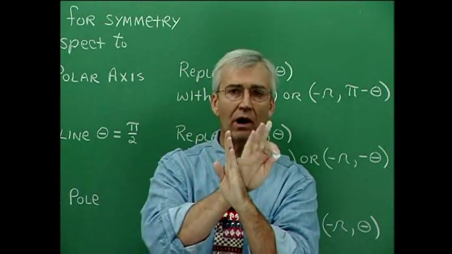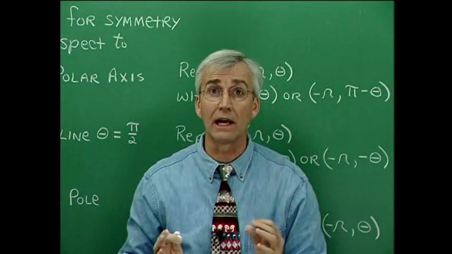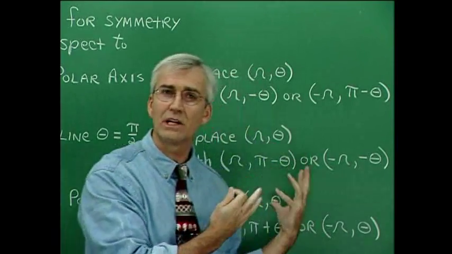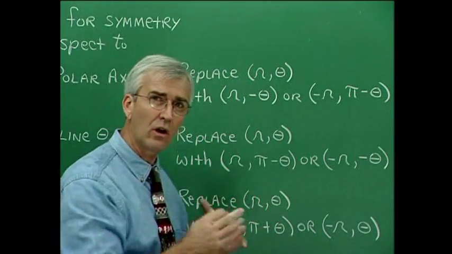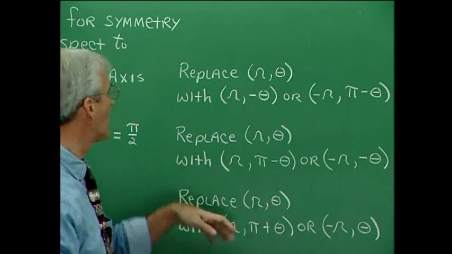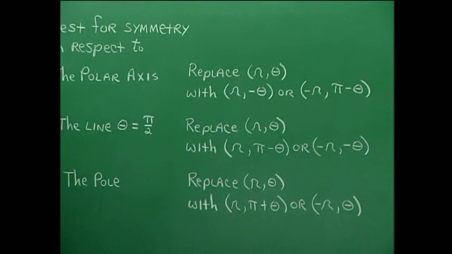How can we describe a point that reflects over to the other side like that? Use what you figure out as the replacement rather than memorizing this. You ought to understand it conceptually rather than from memorization. All right, but at any rate, these are the various replacements for the different kinds of symmetry that we can have.